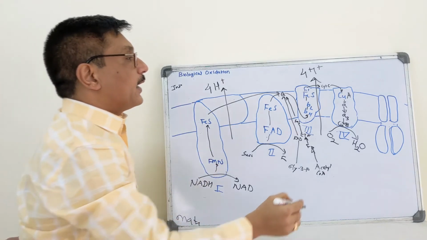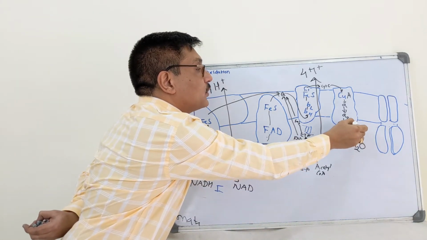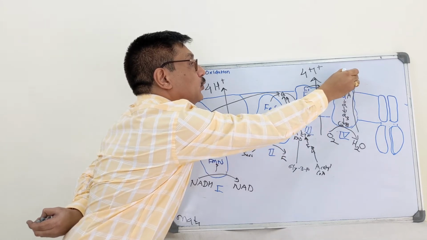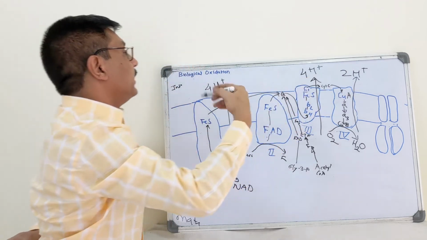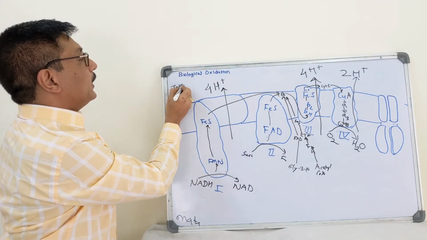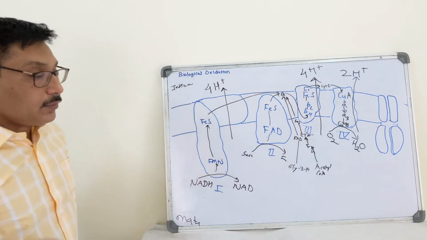This exergonic reaction produces sufficient energy to pump 2H+ ions in the intermembrane space.